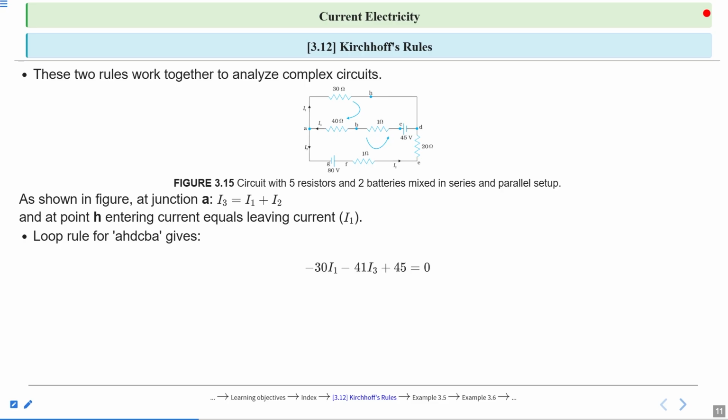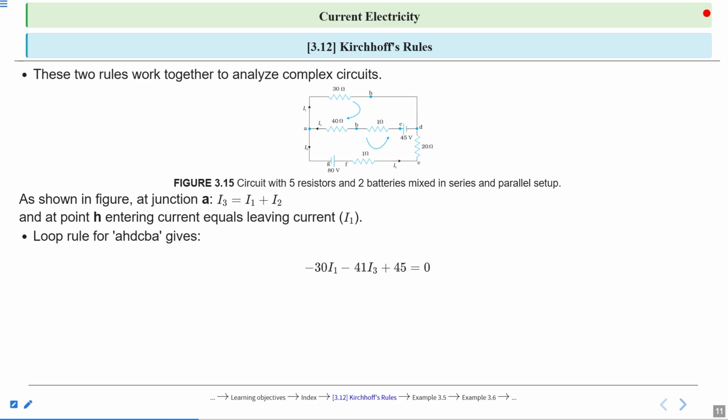If we meet a battery, and the current due to that battery is in the same direction as given in the circuit, that is from C to B, and I3 is also from C to B, so we will take it as positive 45 volt. So in the equation we have taken positive 45.